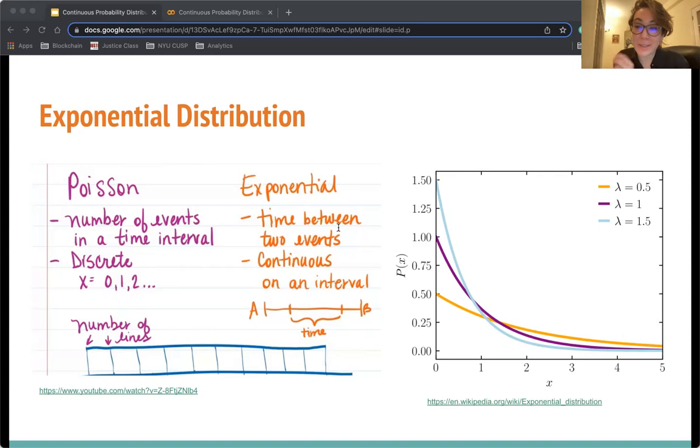And we have this lambda rate, which is similar to the Poisson, and we'll talk a little bit more about how this is used. But in this case, think about this lambda rate being the lower, the less steep, and the higher, the more steep.